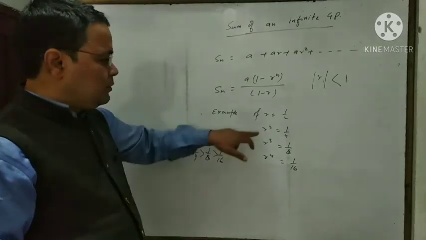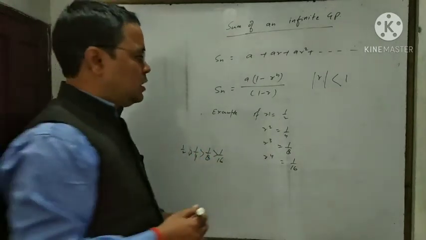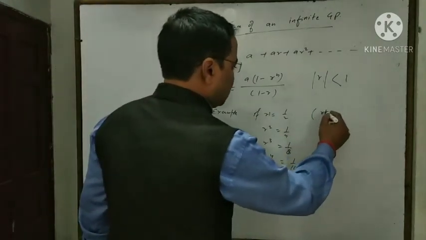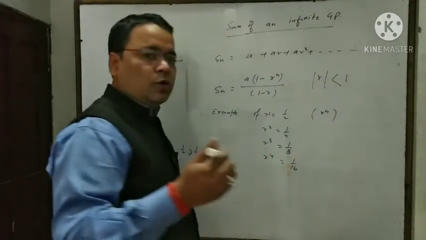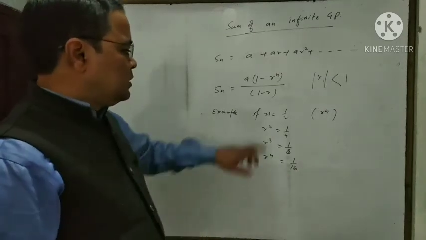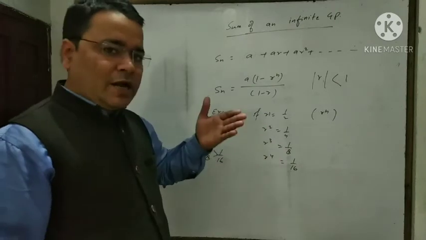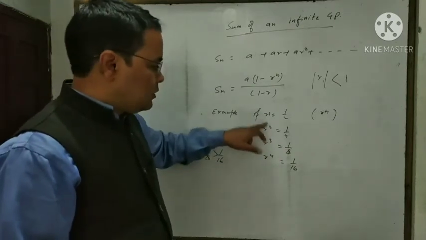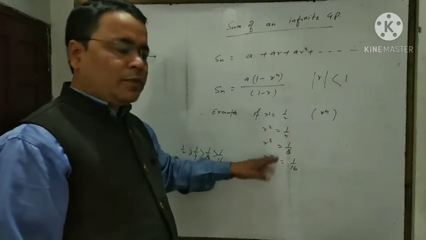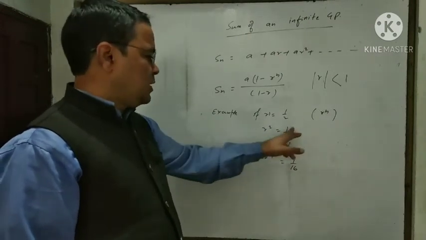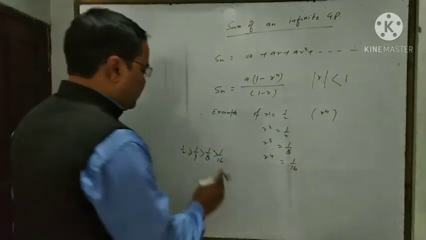If the value of n increases, in the concept of r to the power n, if we take n equal to 1, 2, 3, 4, 5, 6 like that, then r to the power 1 is equal to 1 by 2, r square 1 by 4, r cube. Here I want to tell you, if the power of r increases 1, 2, 3, 4, then the total value of the fraction 1 by 2, 1 by 4 decreases.